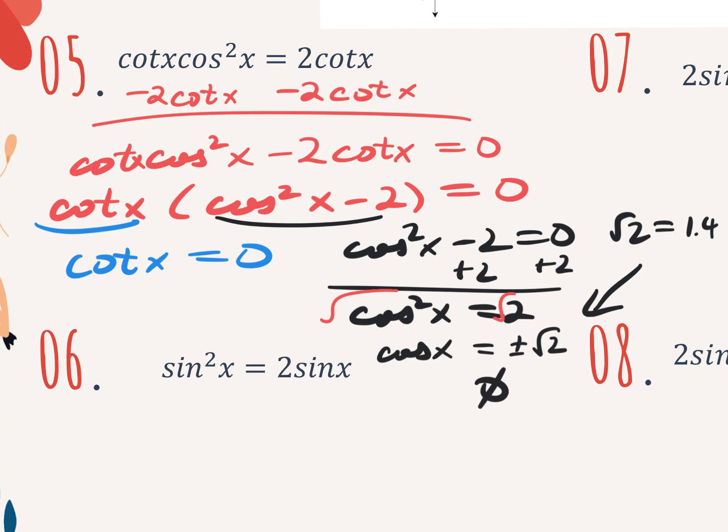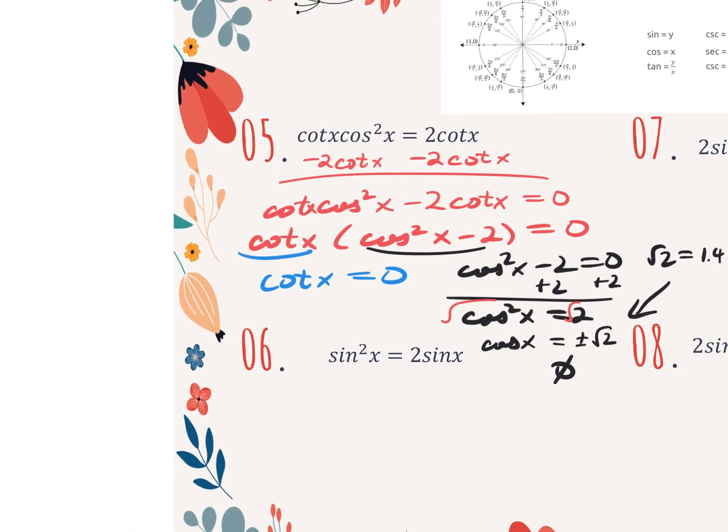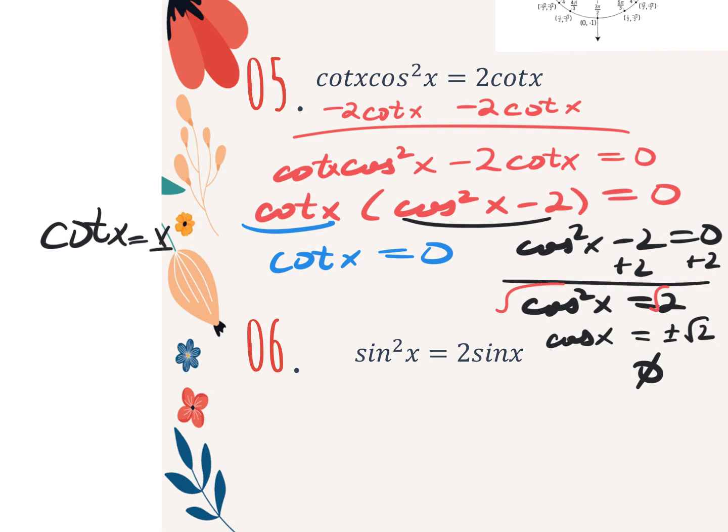Cotangent, I can solve. Whenever I see a 0 here, I'm not going to be using my values in the quadrants. I'm going to be using my axis angles. So cotangent, remember, is going to be x over y. So in order to get it equal to 0, the 0 has to be in the numerator.